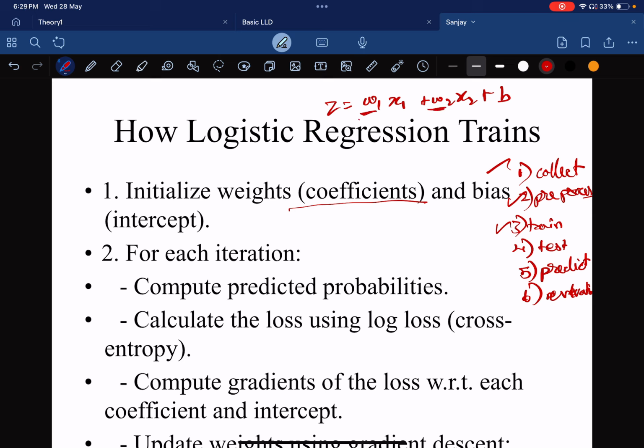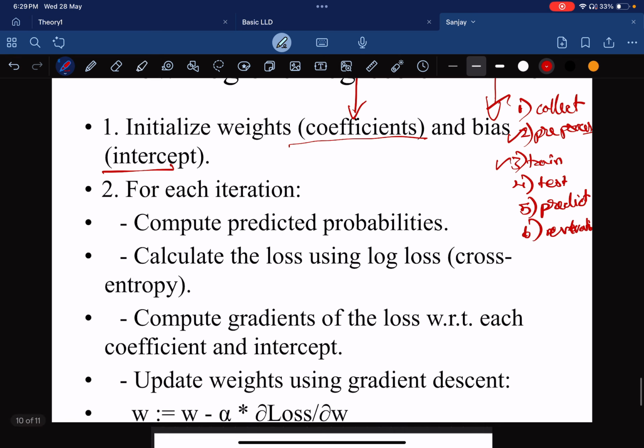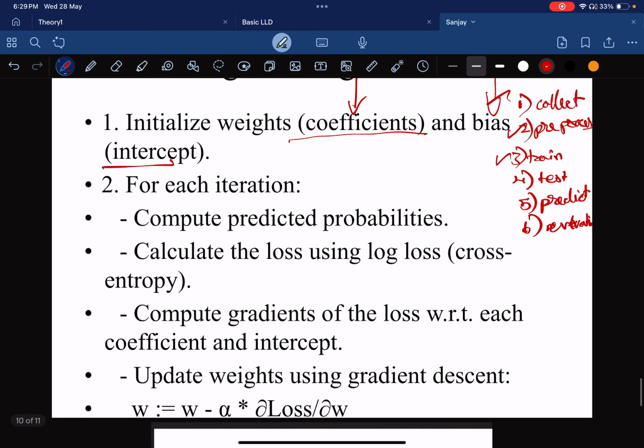w2 are the coefficients, right? The x1 and x2 are given by a user or in the data set. We will take those, but w1 and w2 are the importance. The model will always update the weights based on the predictions and the error, and b is called the bias, or we can say the intercept. In each iteration it will compute the predictions.